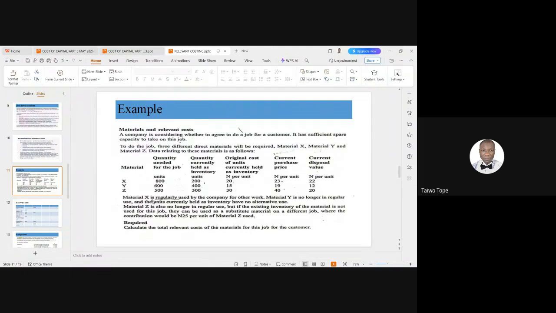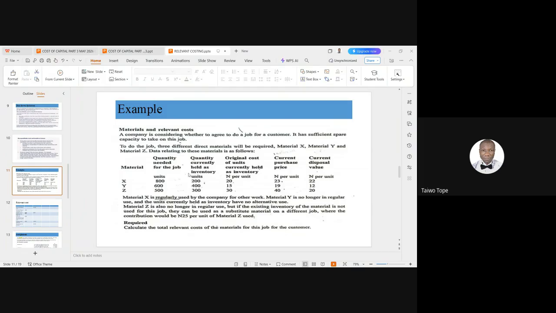Based on what we've explained, what will be the relevant cost of material X? Material X is regularly used. I laid emphasis on regularly. Replacement cost. That is the current purchase price.